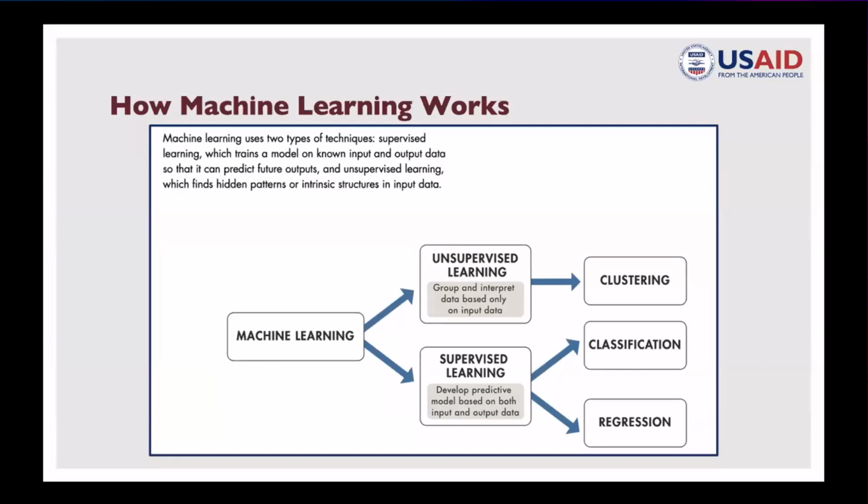Now, when to use supervised learning and when to use unsupervised learning. So for supervised learning, these learning models develop predictive model based on both input and output data. So it means we know what is our desired output label. So sometimes we call it labeled data set.